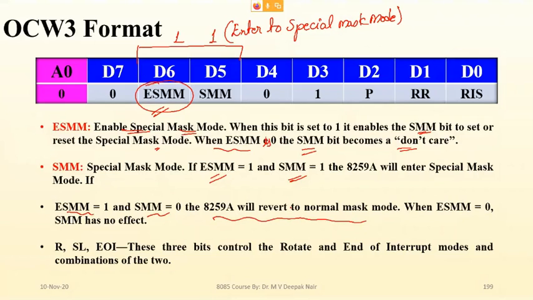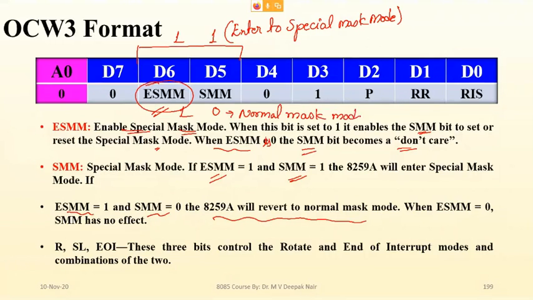So special mask mode is entered only when both these 2 bits are high. If these bits are 1, 0, the 8259 goes into normal masking mode.